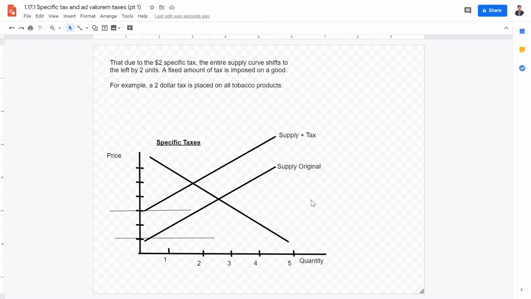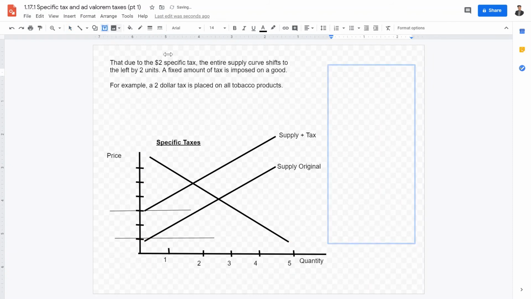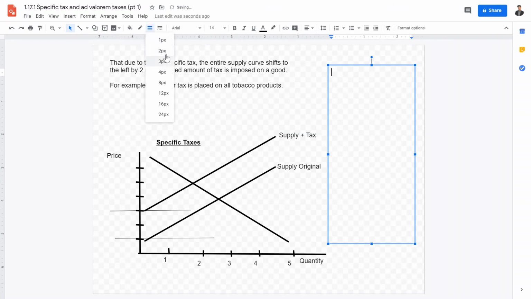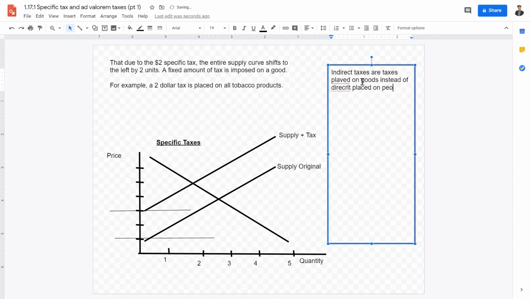Now, what is an indirect tax versus a direct tax? I think this is also really important for people to know. Indirect taxes are taxes placed on goods instead of directly placed on people.